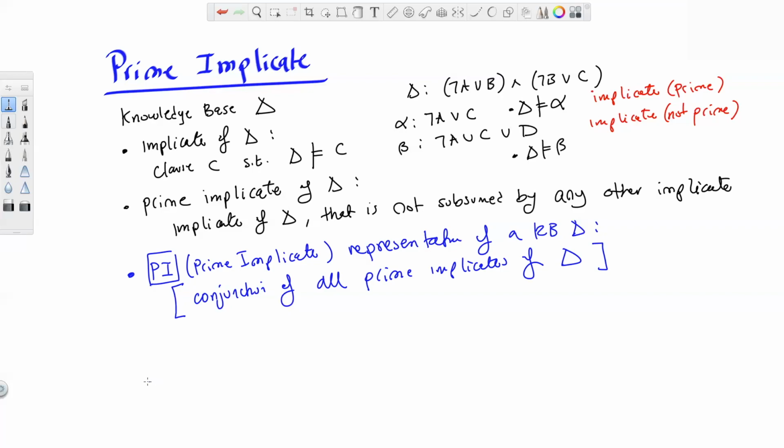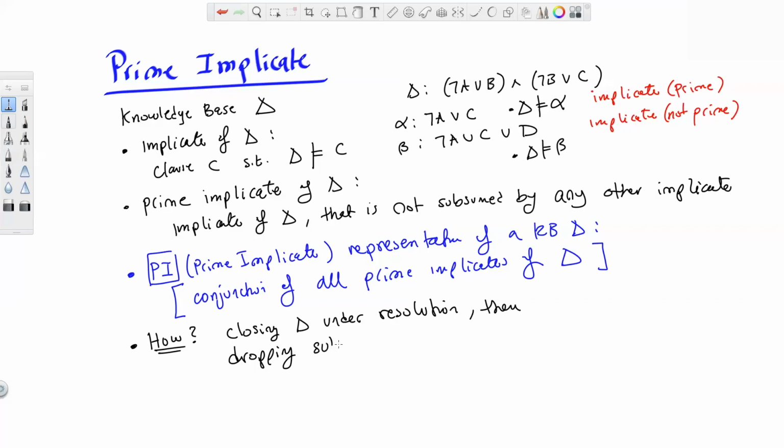The main thing is, how do you actually compute such a representation? There is a procedure for this. You can do this by simply closing delta under resolution, then dropping subsumed clauses.